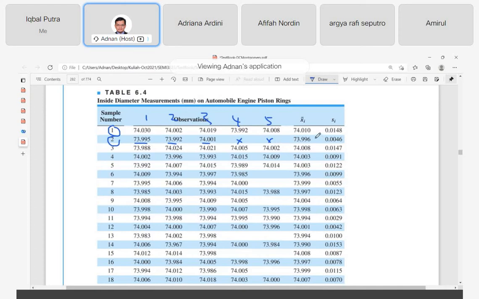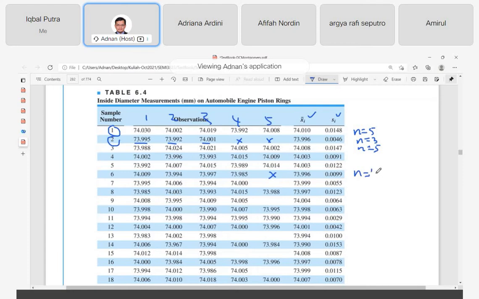But still we can calculate the X bar and S. Now it's not consistent. This is n equal to 5. In this case n equal to 3. The next one is again n equal to 5. If you go to this one, you don't have this number here, so this one n equal to 4.